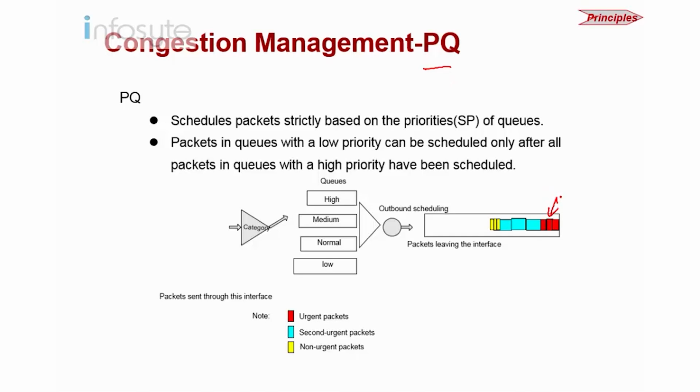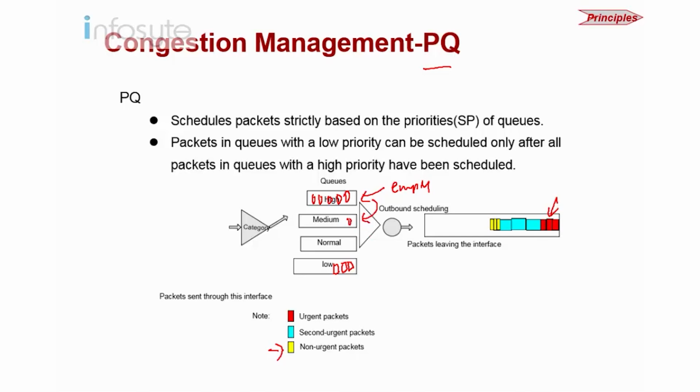This is good because those urgent packets will go out first. But then again, you will have a bit of an issue. Let's say you have some non-urgent packets queuing inside here, and a high-priority packet keeps constantly coming in. I need to schedule this out. Only when this is empty does it go from high to medium.